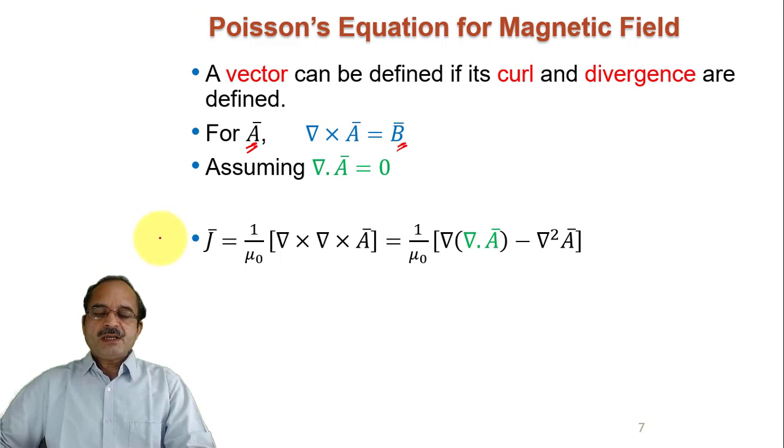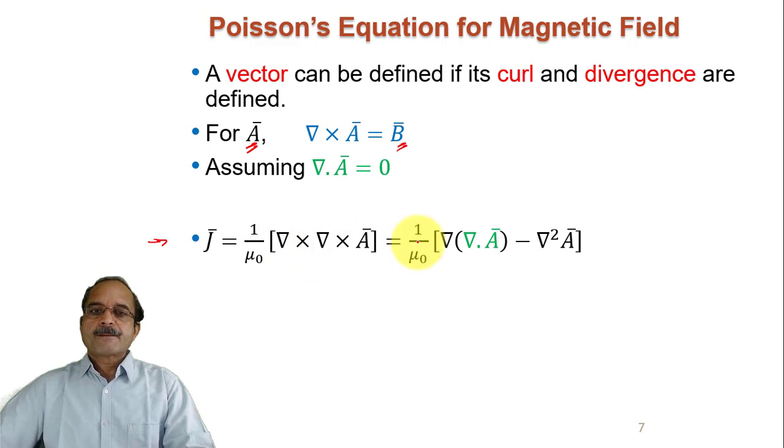Now using the expression which we have just derived, which gives us the relationship between the current density J and A, as 1 upon mu 0 curl of curl of A equal to 1 upon mu 0 del dot A minus del square A. Now, as we have assumed, del dot A is equal to 0.